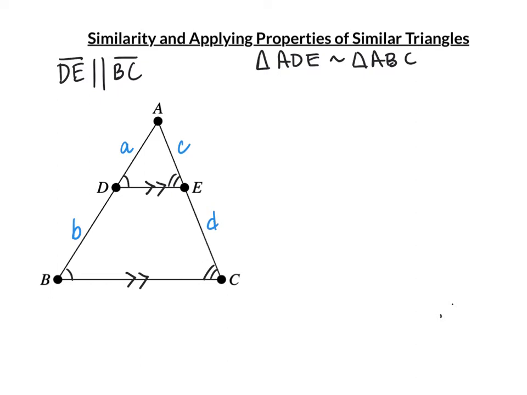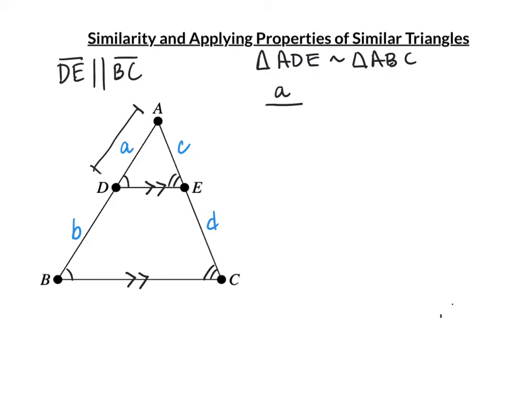Now I labeled the sides in blue there, A, B, C, and D, just to show the property and where it comes from. If I use similar triangles to make proportions, it would be A is to, a lot of students want to say B, but that's not from similar triangles. You line up corresponding sides.